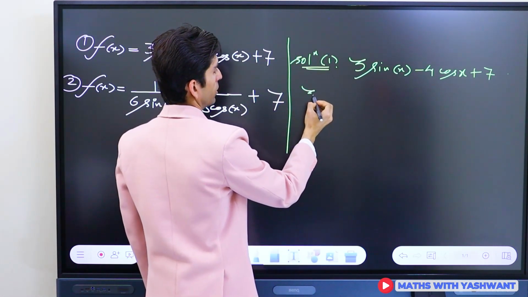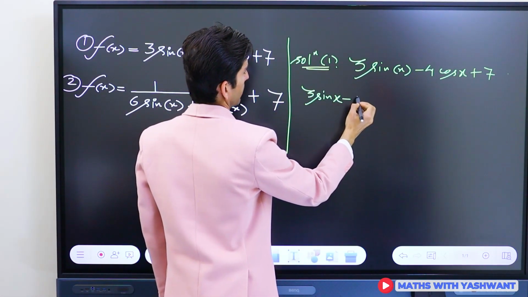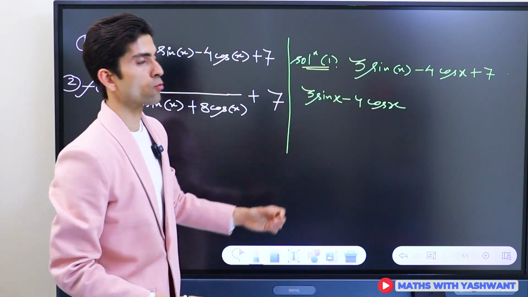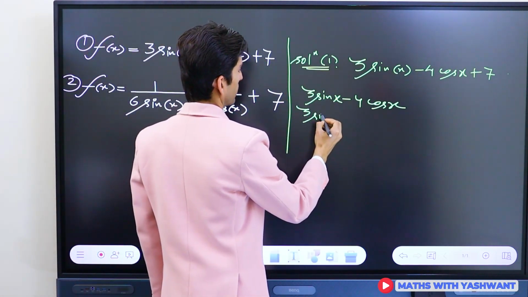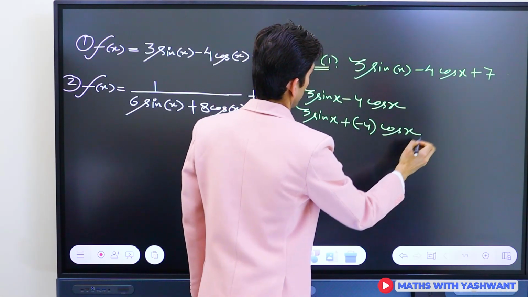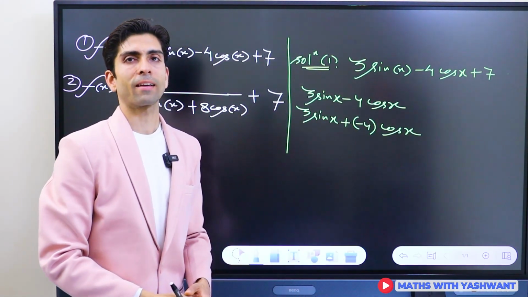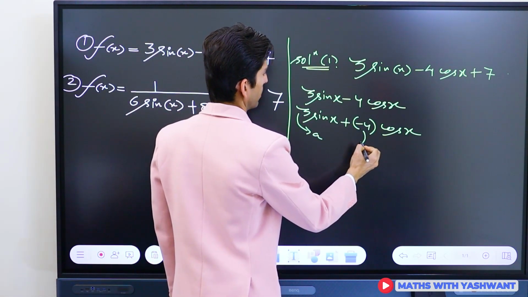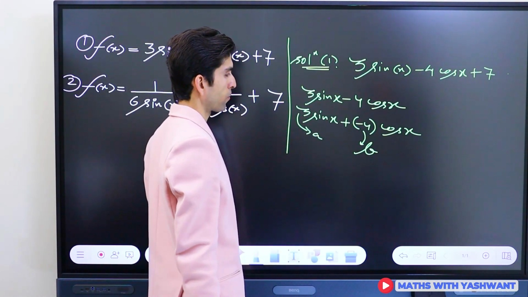For 3 sin x minus 4 cos x, I can write it as 3 sin x plus negative 4 cos x, so that it looks very similar to a sin x plus b cos x.